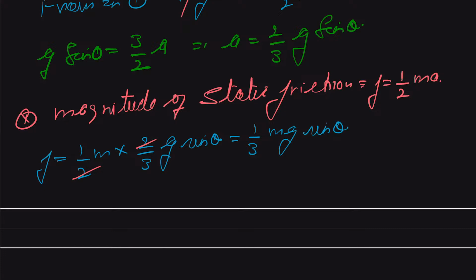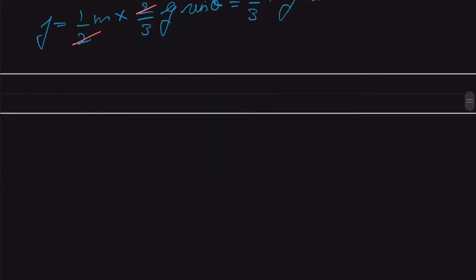And we know that for rolling without slipping, the required static friction must not exceed the maximum static friction. That is a basic condition. Okay.